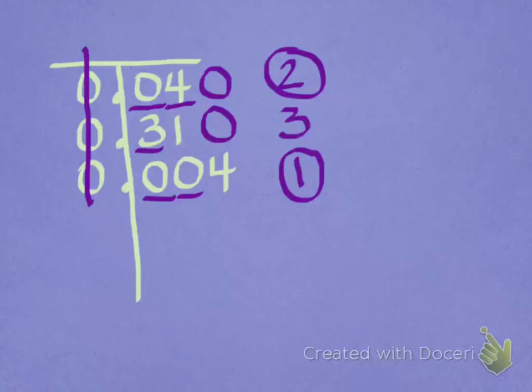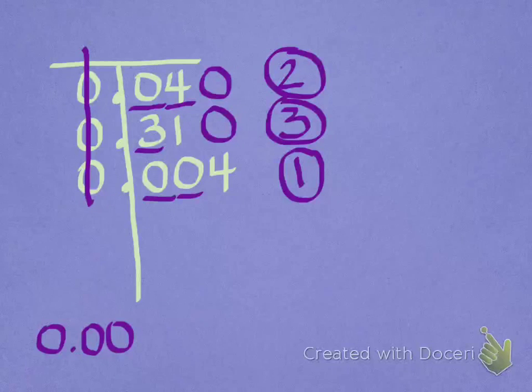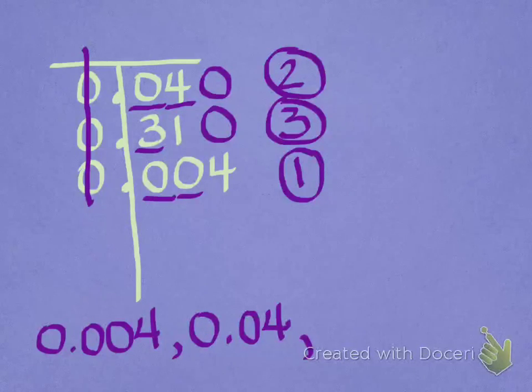And then this one would be my largest. So if I were going to write them out in order, I would write this one being the smallest, this one being the next smallest, and this one being my largest. And that's how I would do that.